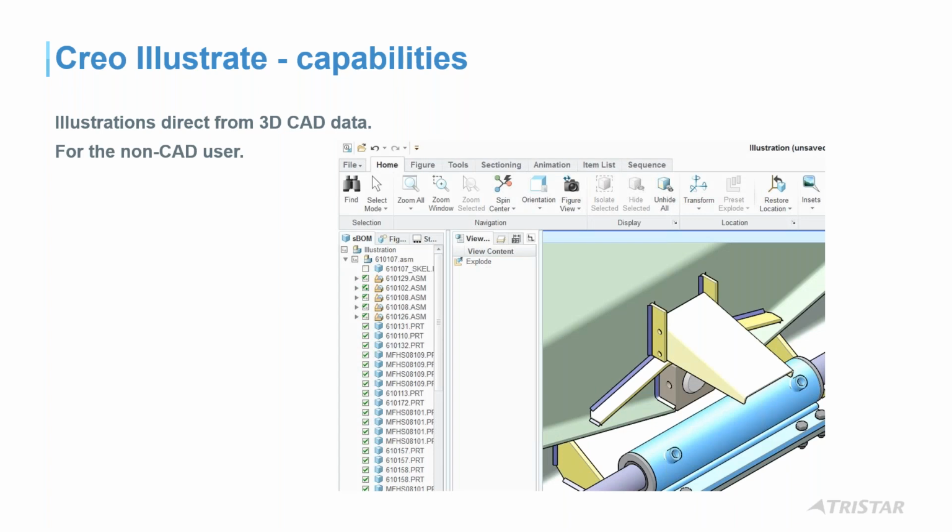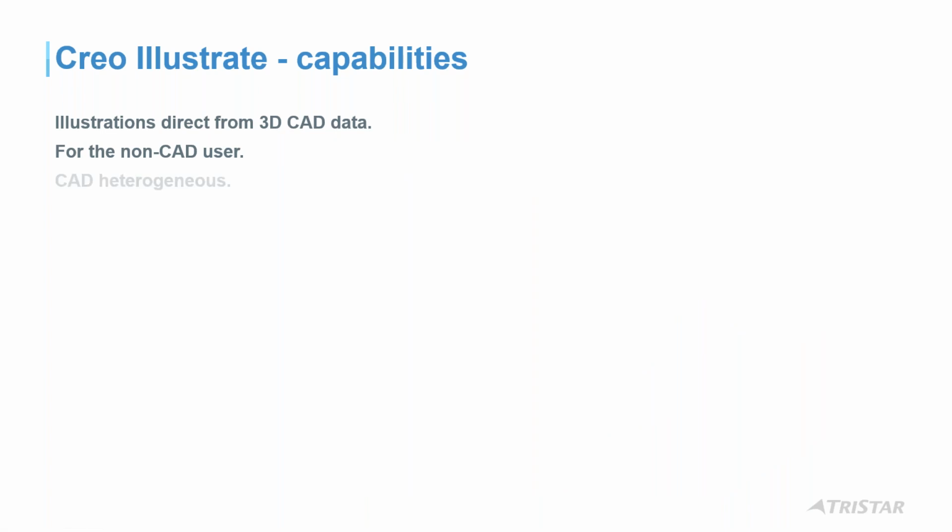It can come from my company's design tools that they're using. And it's a very graphical based environment, a graphical editing environment. So it's fairly simple to use with ribbons and quick shortcuts for creating illustrations.